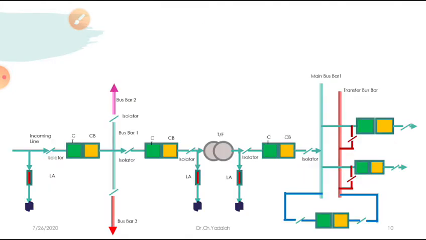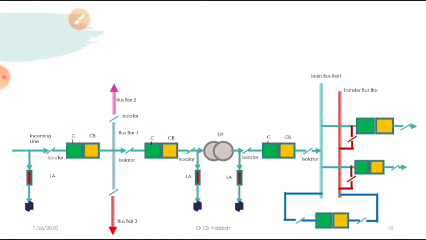This is a line diagram of a given substation. The incoming is coming from the left side and it is going to the load side. You can observe the buses are double lines.